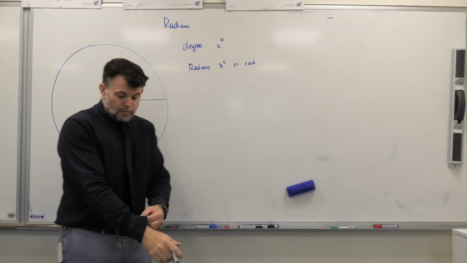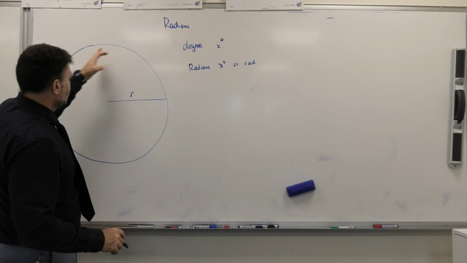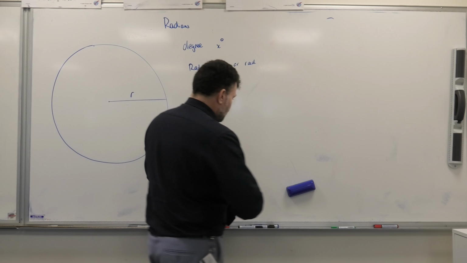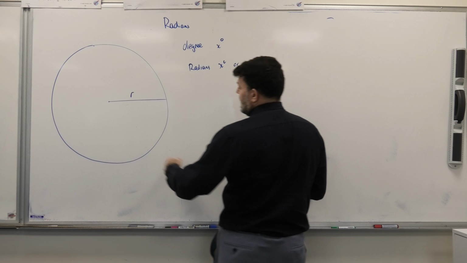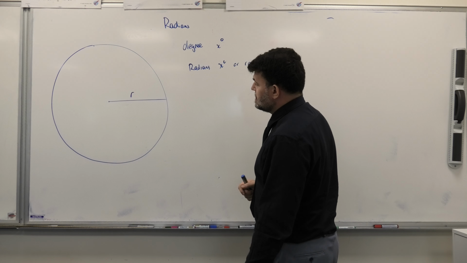So when we're looking at radians, we're looking at how it relates to a circle. For instance, if we look at this circle just here, we have a distance in terms of the radius.